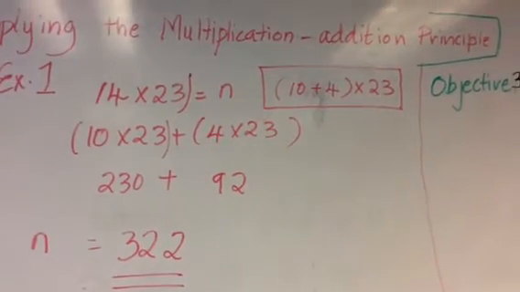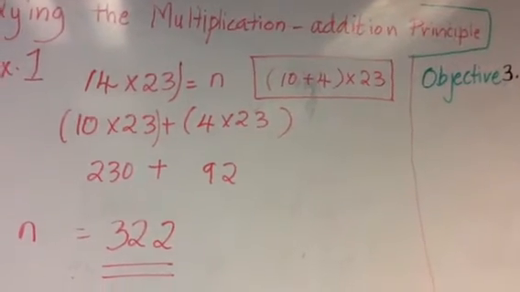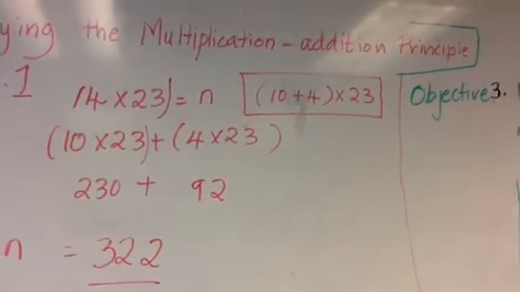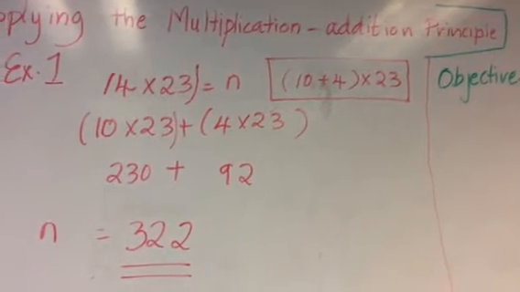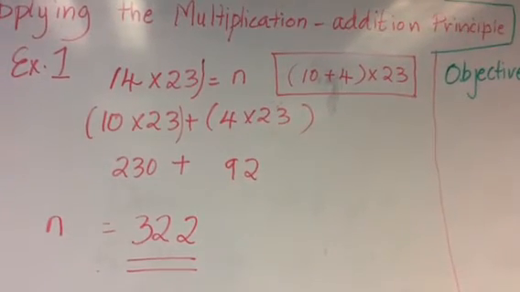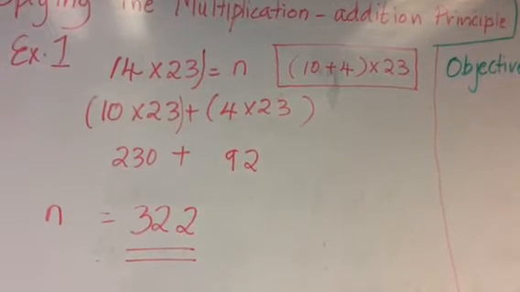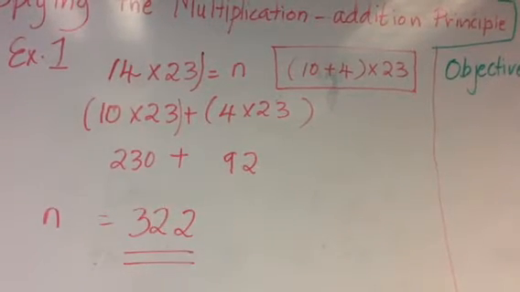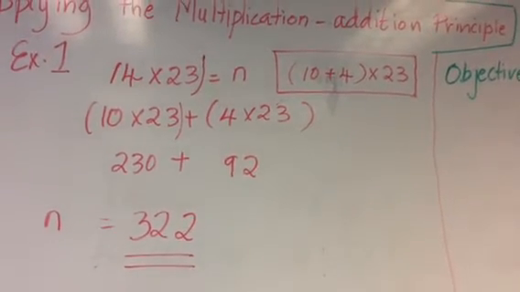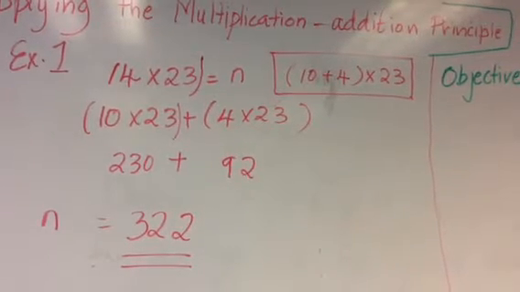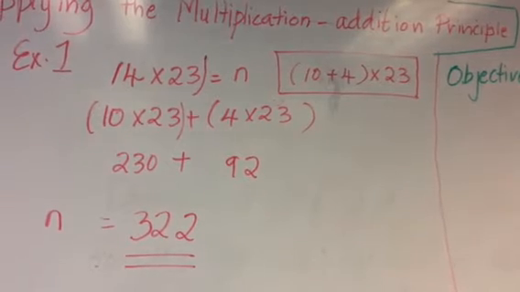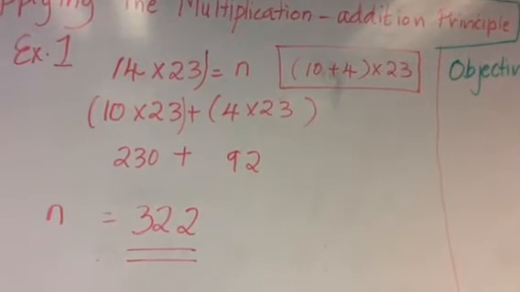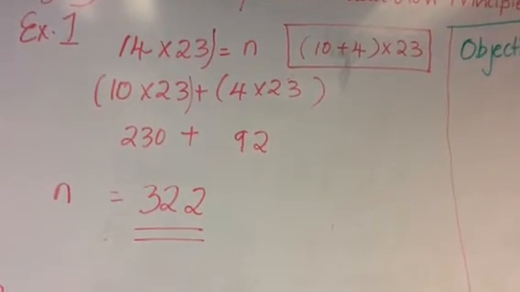This is the multiplication addition principle. That means you're using two skills in the same math problem. 23 times 10: 23 times 1 is 23, add the 0. Plus 4 times 23: 4 times 3 is 12, carry the 1, 4 times 2 is 8, plus 1, 9, so 92. So 230 plus 92, the total is 322.